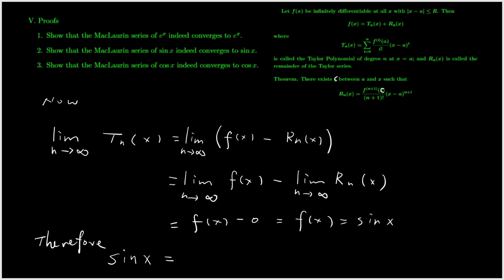Remember this? The sum i from 0 to infinity, negative 1 to the power of i, in the numerator you have x to the power of 2i plus 1, in the denominator you have 2i plus 1 factorial. The equation is valid for any real number on the interval of convergence.